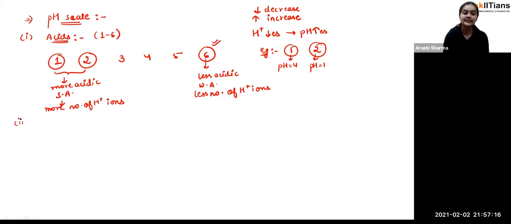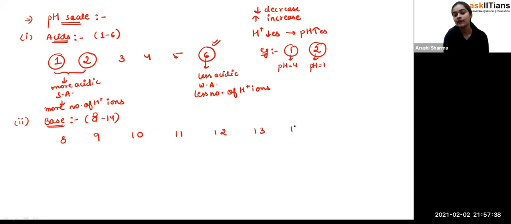Now, second thing, what we can see about the base. When there is a base, it ranges from 8 to 14, because 7 is neutral, like distilled water, which we say is the neutral one. So from 8 to 14: 8, 9, 10, 11, 12, 13, 14.